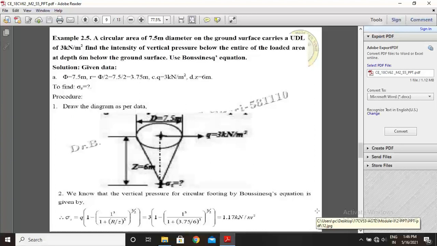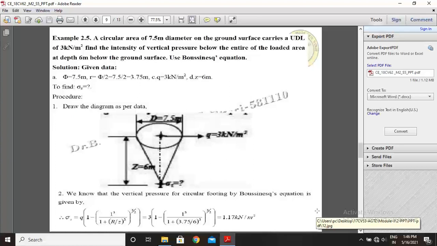Okay, this is the problem. I read once again: a circular area of 7.5 meter diameter on the ground surface carries a UDL of 3 kilonewton per meter square. Find the intensity of vertical pressure below the center of the loaded area at a depth of 6 meters below the ground surface. Use Boussinesq's equation.